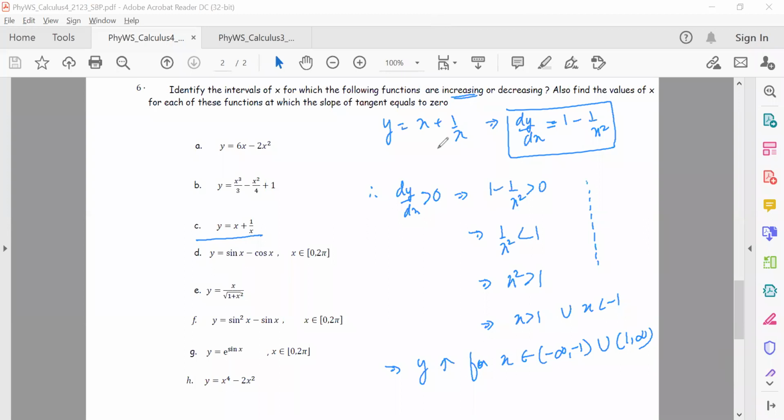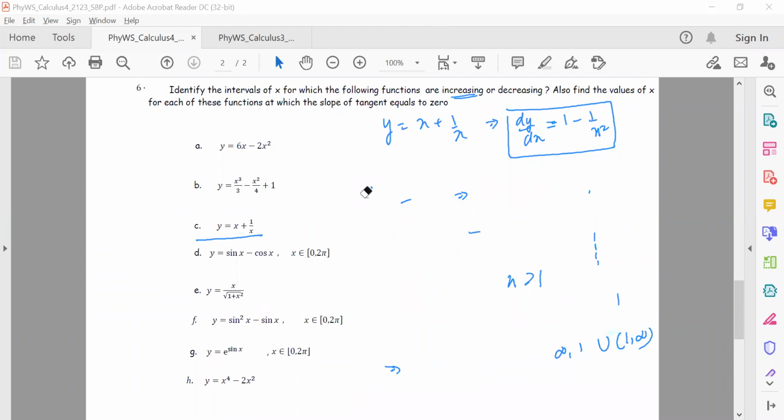Okay, now to find the part where y is decreasing with respect to x, we have to solve for dy by dx being negative or less than 0. But before we come to that, we should understand one important thing here, that x should not be equal to 0 because y is not defined for it.